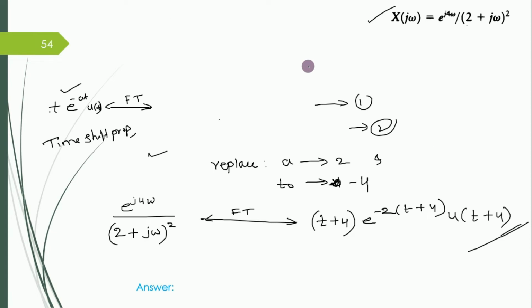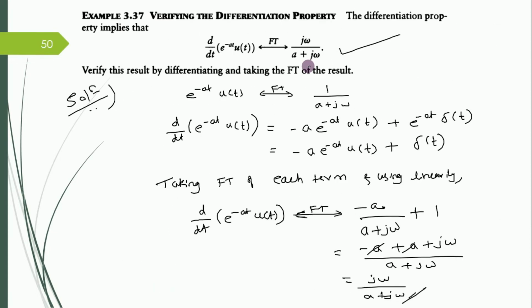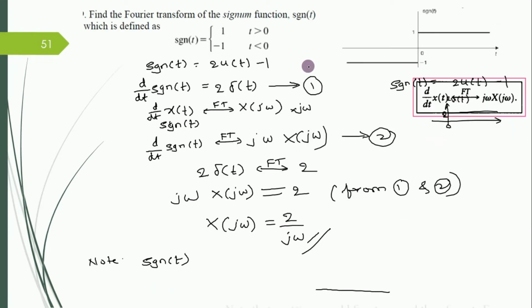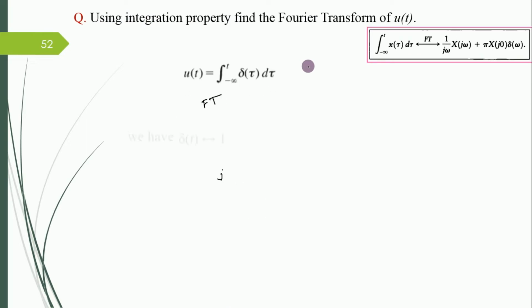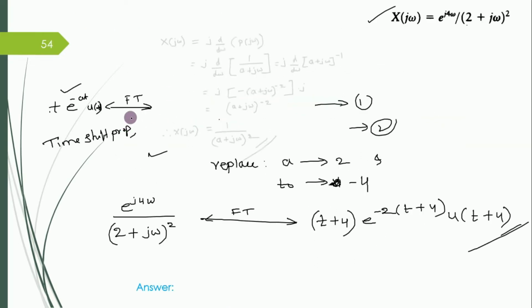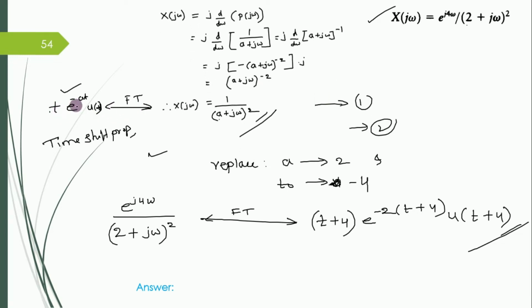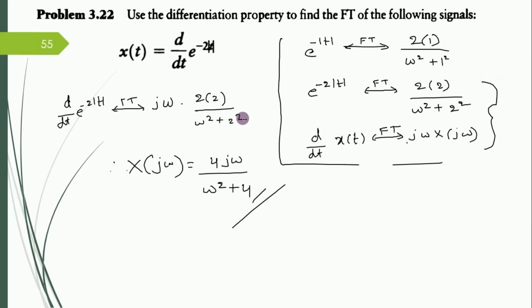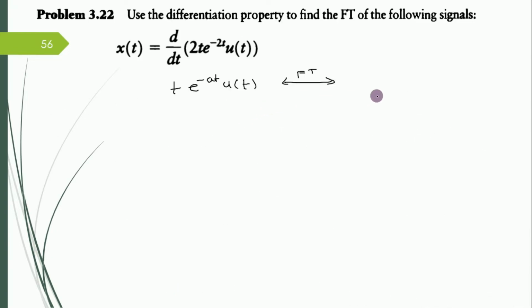I'll show it. Yes, here. I had shown it: t e raised to minus at u of t has FT pair 1 divided by a plus j omega whole square. I had told you that we'll be using it in future problems.